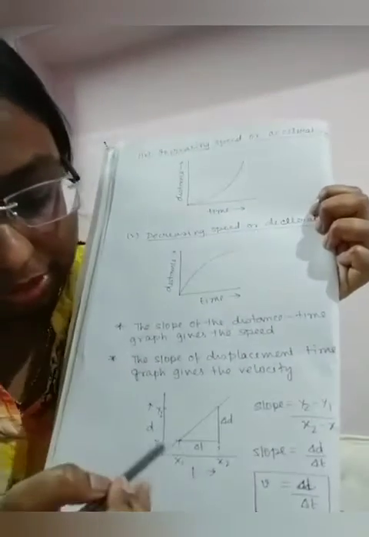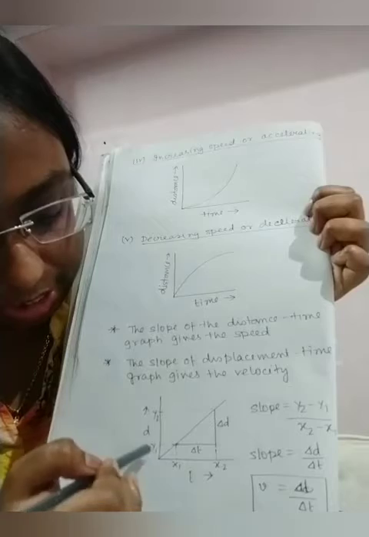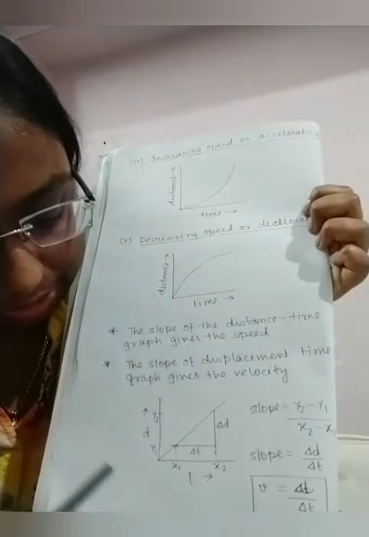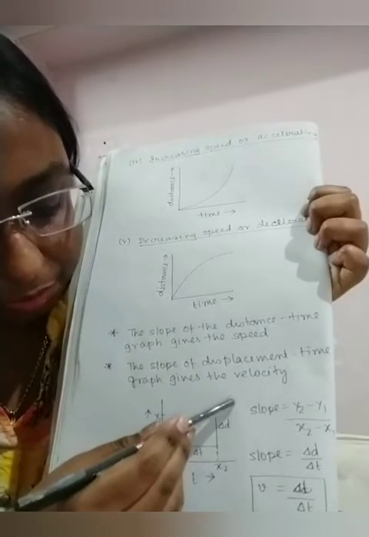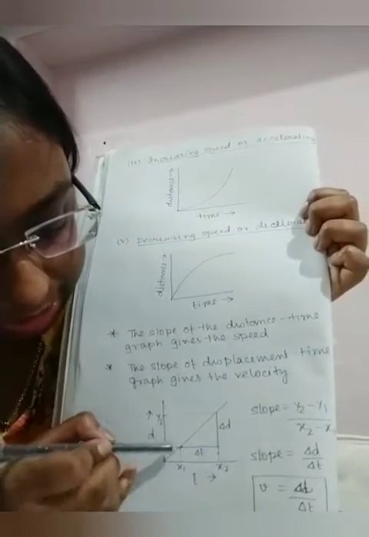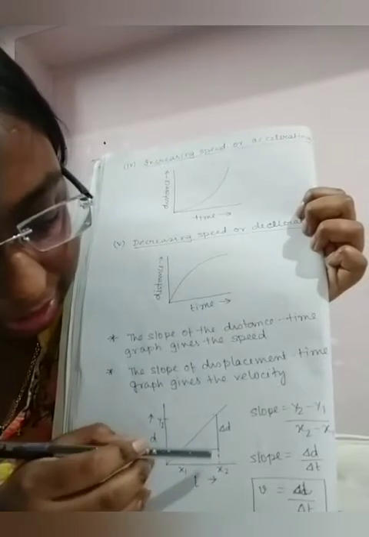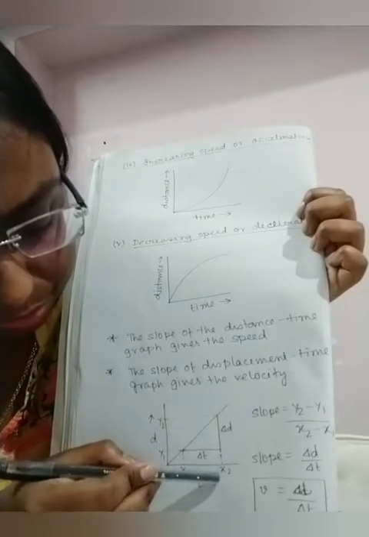Now here, see, we have drawn a graph here. This is your time axis and this is your distance or displacement axis. Now we have taken uniform motion, that is a straight line. Now here at this point I have marked a time x1 and another certain time x2.